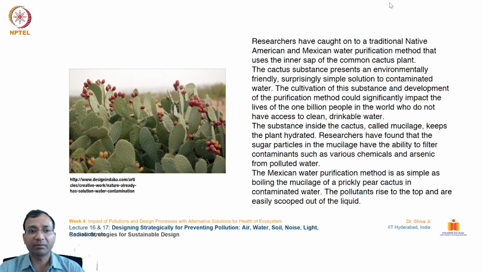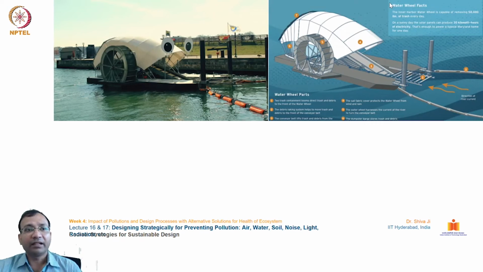Another example, as you can see here, is the garbage collector for water bodies. This is called a water wheel. The facts about this: it has two trash containment booms, which collect the debris from the surface of the water.